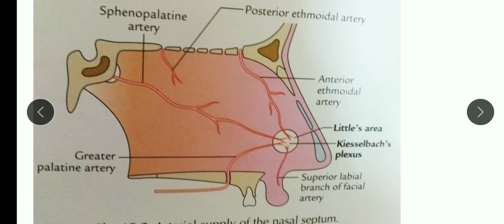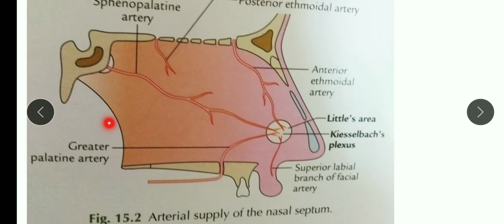These four arteries come and anastomose in the Kieselbach plexus. So this is an arterial plexus known as Kieselbach plexus. And the arteries, if I repeat again, are sphenopalatine, greater palatine, anterior ethmoidal, and superior labial artery. So this is known as Little's area, and the plexus is known as Kieselbach plexus.